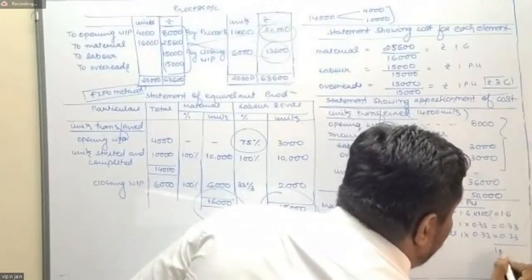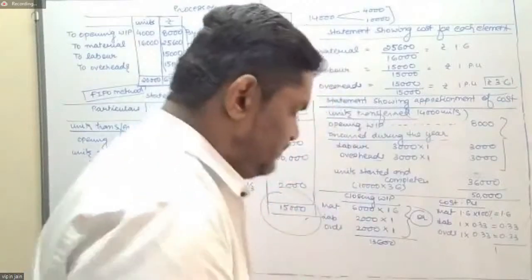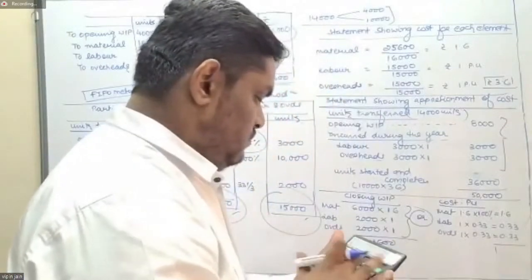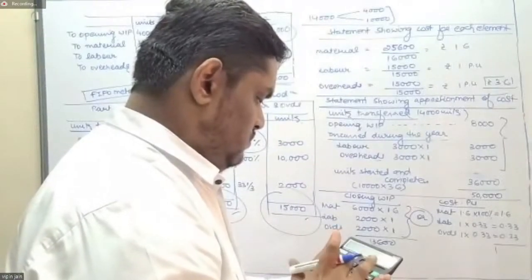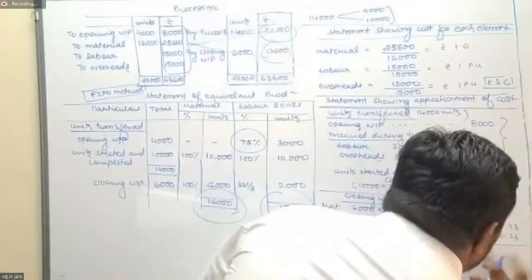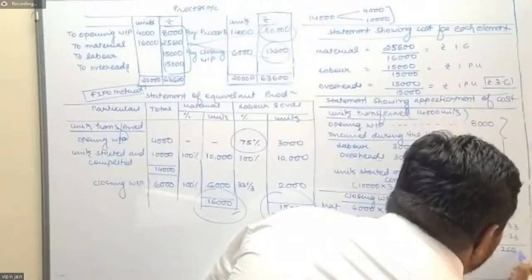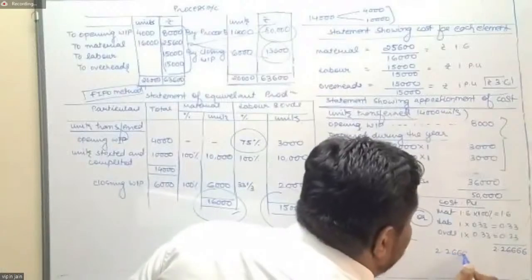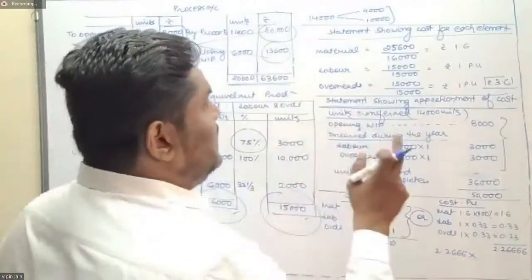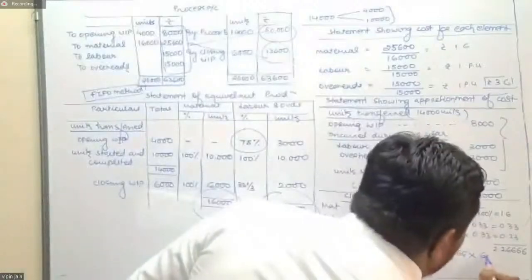So now, the total is 2.26666. So 2.26666 into the closing work in progress, that is of 6,000 units.